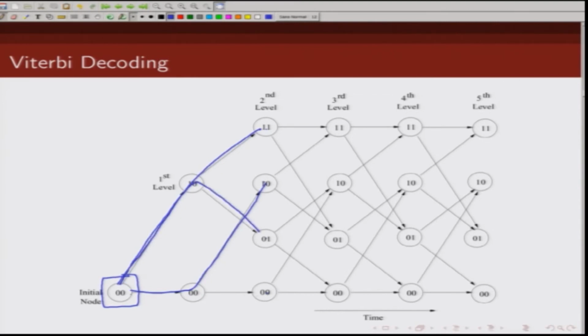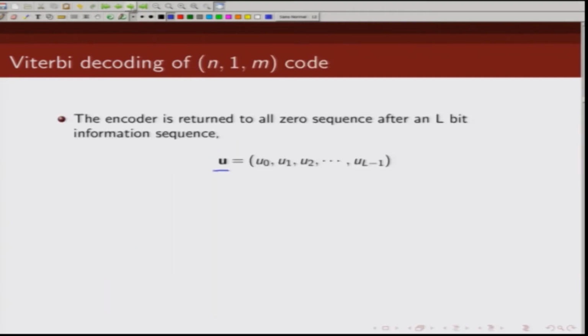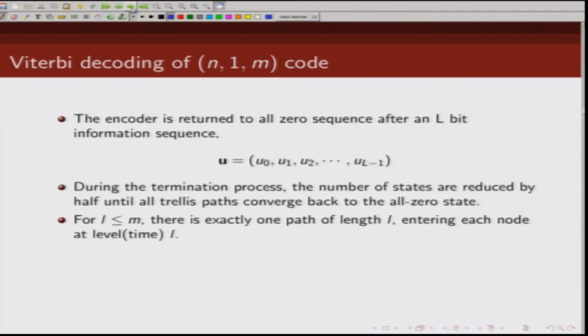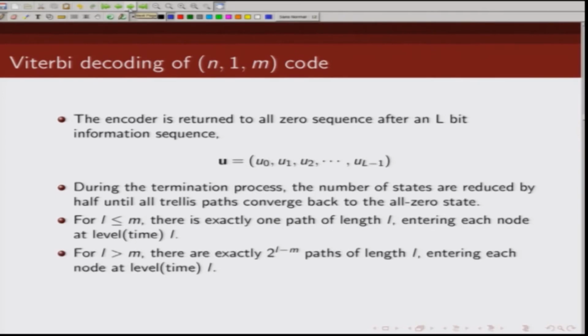So until time is less than or equal to the memory order, there is exactly one path of length L entering each node at each time. And for L greater than m, there are 2 raised to the power L minus m paths of length L entering each state at each time instance.